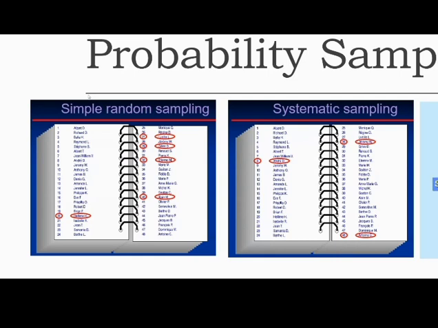Ten of the strips of paper will have a star or something, and whoever gets those will be my sample. By that method, I am confident that the people who got the stars were randomly selected.